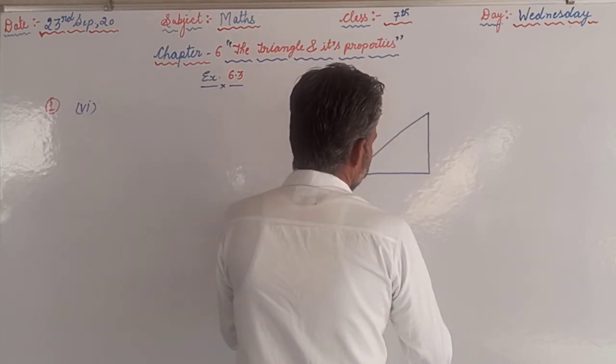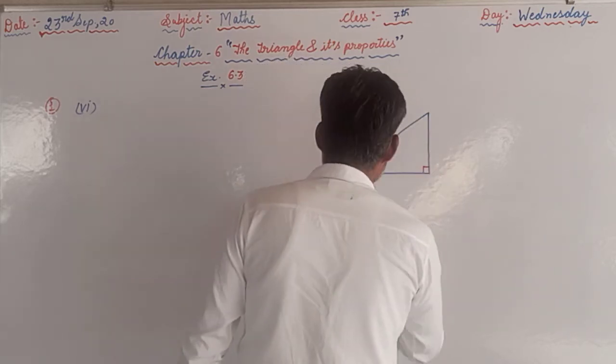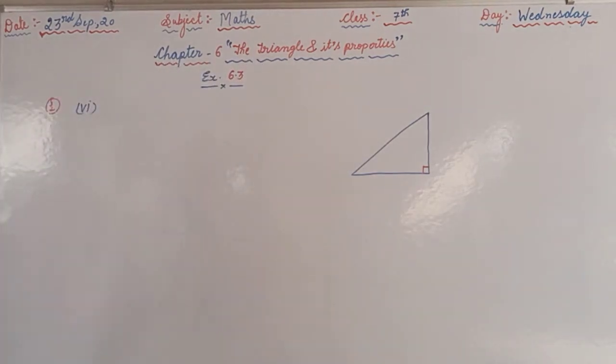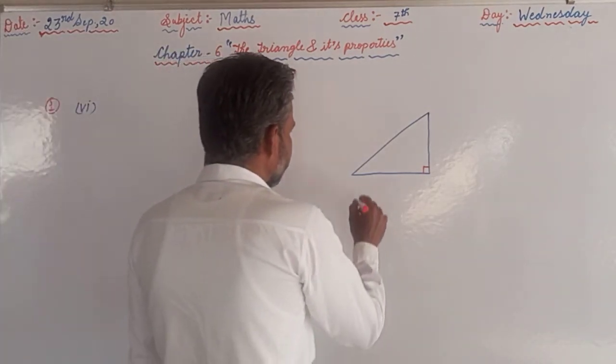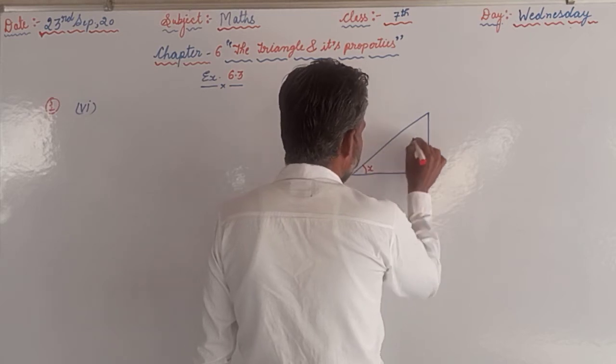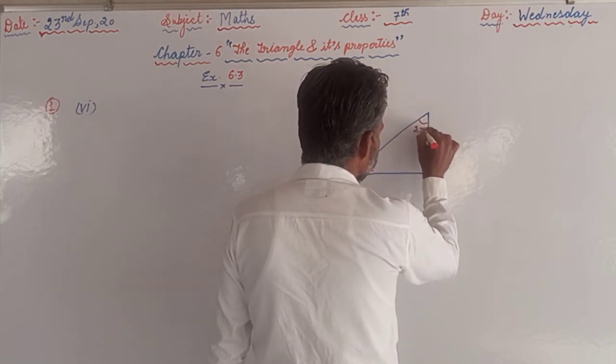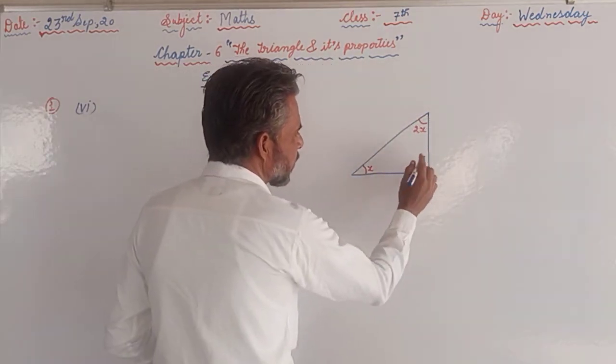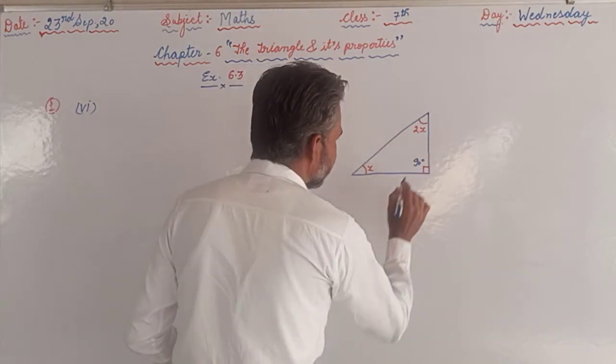Like this. So this is given like this, and the remaining two angles are x degrees, and this is 2x. If such a sign is there, then it is understood that it is 90 degrees.